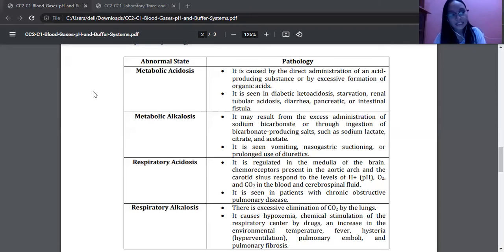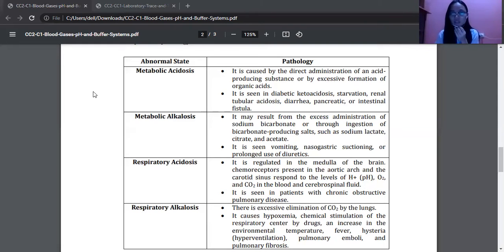And the next is respiratory alkalosis. There is an excessive elimination of carbon dioxide by the lungs, and it causes hypoxemia, chemical stimulation of the respiratory center by drugs, and an increase in the environmental temperature, fever, hysteria or hyperventilation, pulmonary emboli, and pulmonary fibrosis.